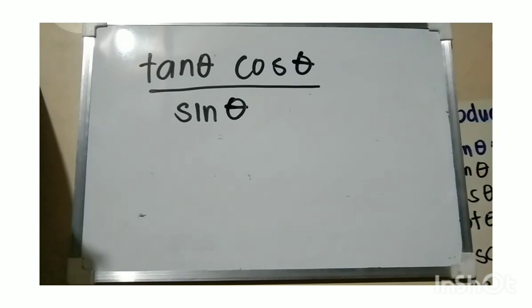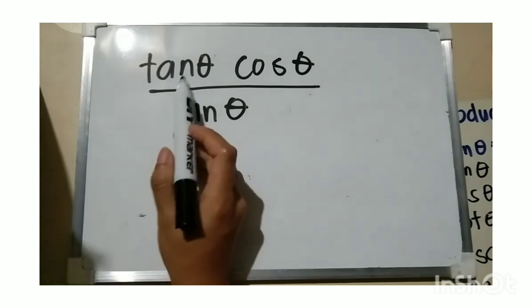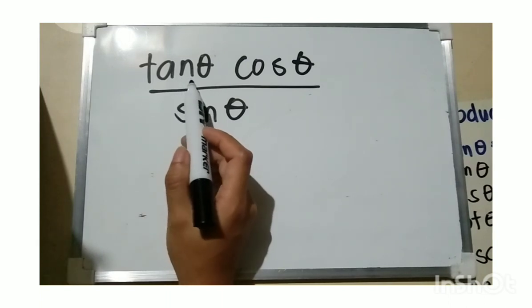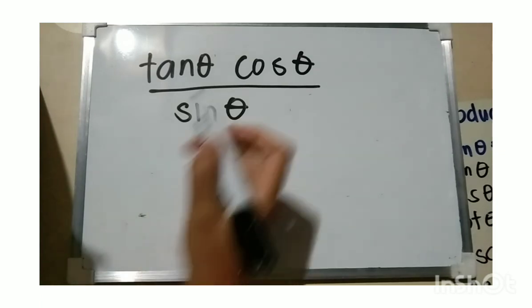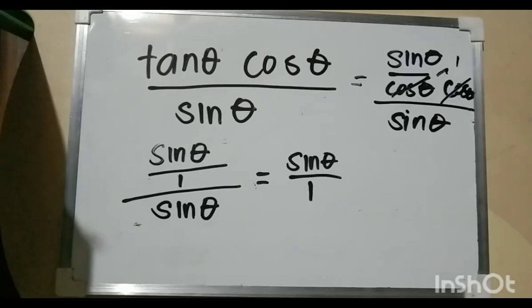In simplifying trigonometric expressions, the first thing you need to do is to examine the expression. The first thing to do is to rewrite all the functions in terms of sine and cosine, meaning that for this tangent here, we need to use the fundamental identity to write it in terms of sine and cosine.